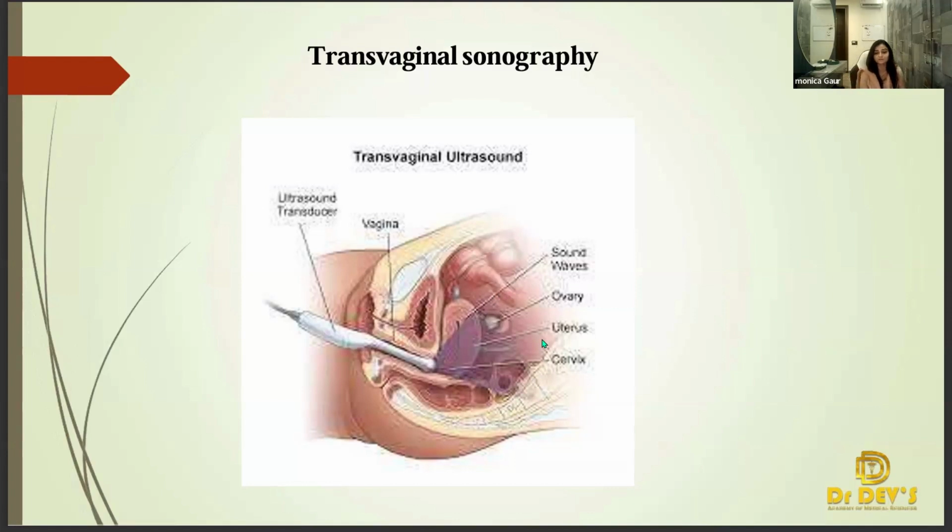There is no point of seeing the transverse view in transvaginal scanning unless we are doing a 3D 4D scan. For 3D 4D scan, we need that transverse view, and if we want to see it, we should go for a transabdominal scan with a full bladder.